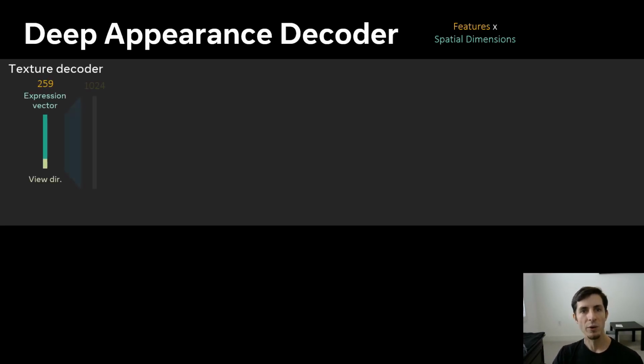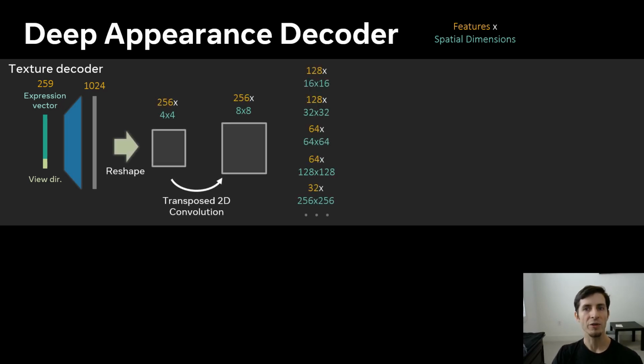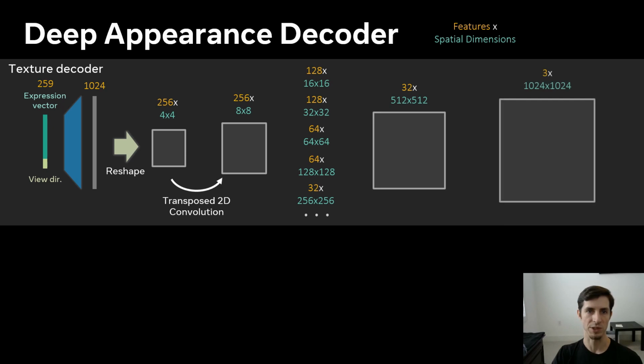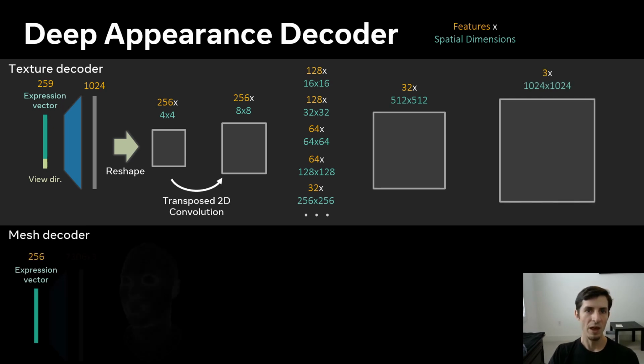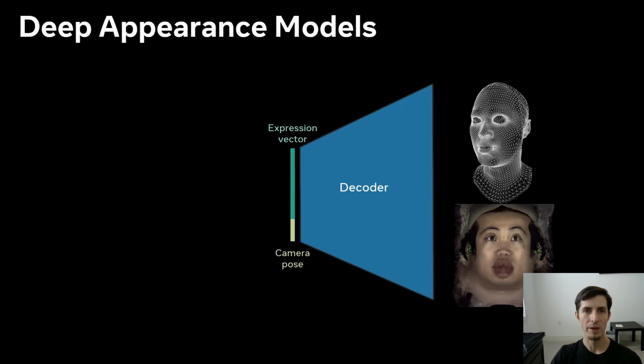So the decoder has two branches, one that decodes the view-dependent texture map and the other that decodes all the mesh vertex positions. This method runs in real time because the entire network can be evaluated in less than 5 milliseconds on a modern GPU. To train this decoder, we construct a variational autoencoder.